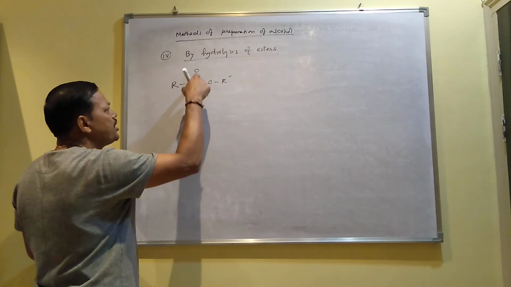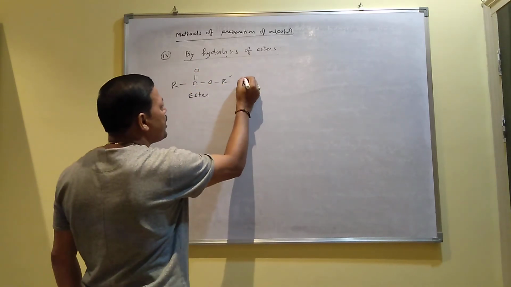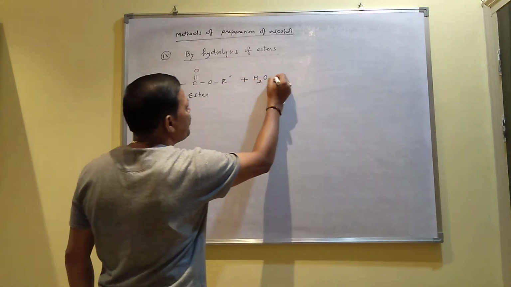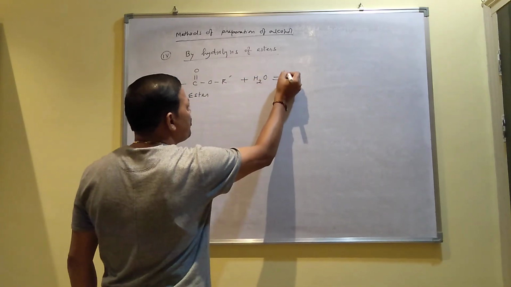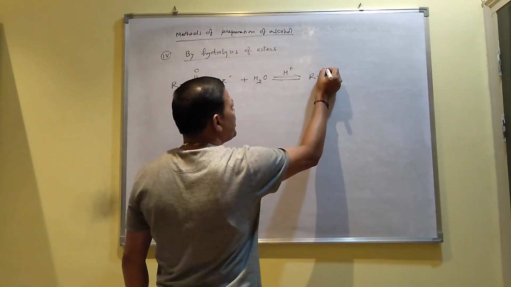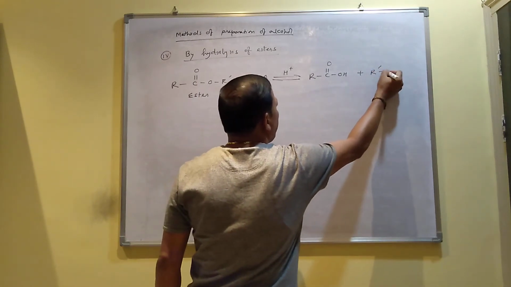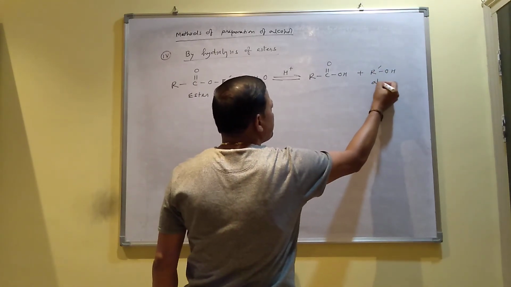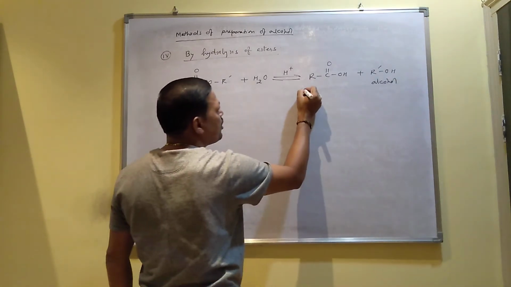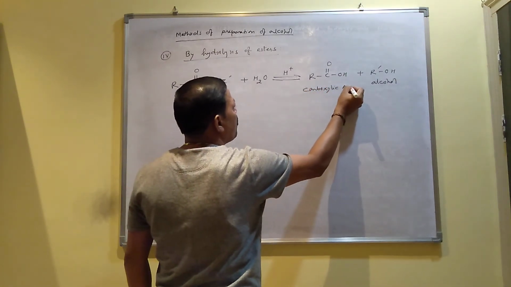It should contain COOR. When an ester undergoes hydrolysis, hydrolysis means addition of water in presence of acid. This reaction is a reversible reaction. Then it produces one carboxylic acid, RCOOH, and one alcohol, R-OH. This is your alcohol and this is your carboxylic acid. In this way also you can prepare alcohol.